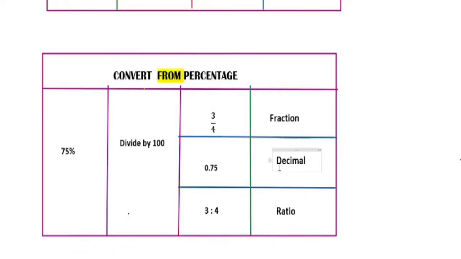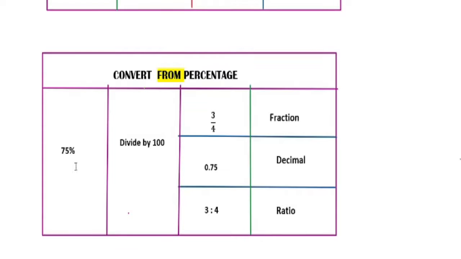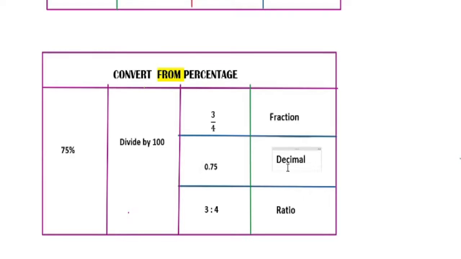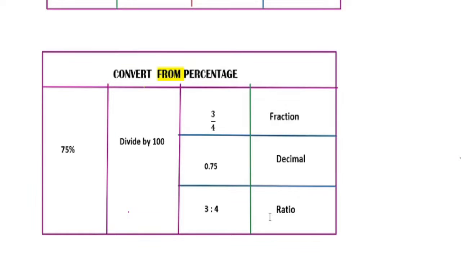Again for converting into decimal, 75% divided by 100. That means 75% means 75 by 100, that is equal to 0.75. It is a decimal. The same way for ratio, first you convert the percentage into fraction, and every fraction you can write as a ratio.